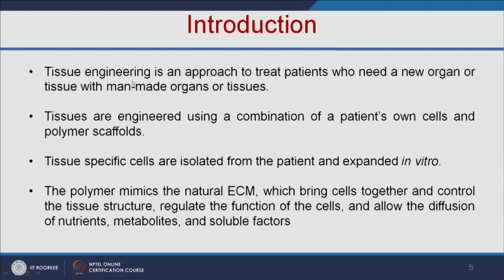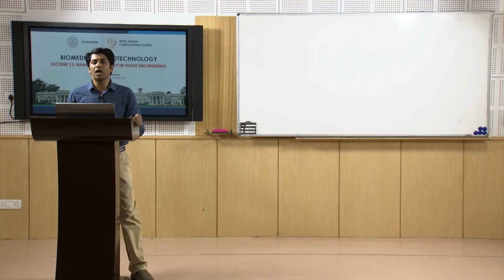Okay. So tissue engineering is an approach to treat patients who need a new organ or tissue with man-made organs or tissues. The tissues are engineered using a combination of the patient's own cells and a polymer scaffold. We take the patient's own cells, add them onto the polymeric scaffold, grow the tissue in lab conditions, and implant it into the patient.